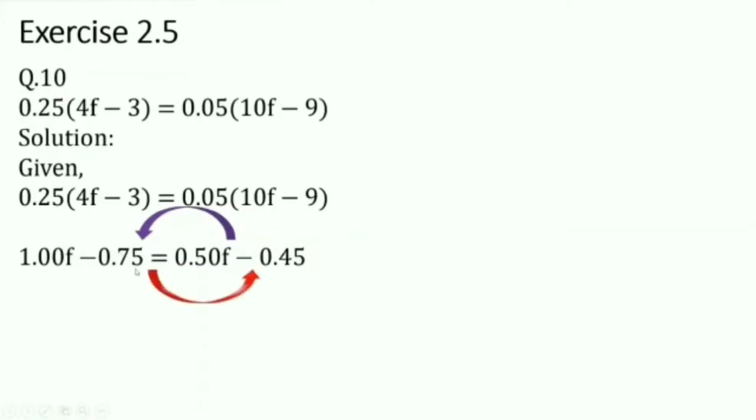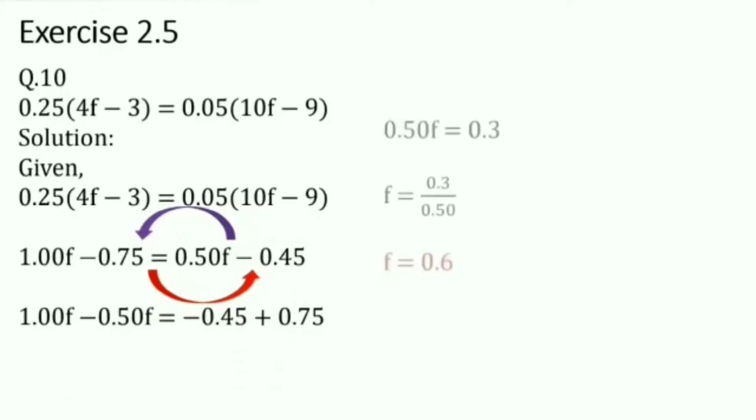So next, again transposing this 0.5f, which is the term with the variable, to the left hand side, and this constant term 0.75 to the right hand side, we will get 1.00f, or we can say 1f, or we can say f, minus 0.50f is equal to 0.45 minus 0.45 plus 0.75.